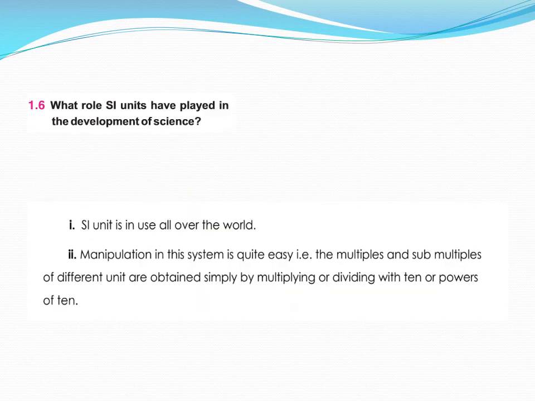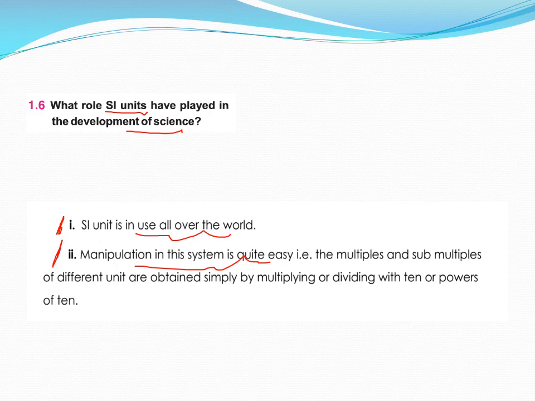Question 1.6. What role have SI units played in the development of science? It can be justified by a number of arguments. For example, number one, the SI units are used all over the world. SI units are standards, and these can be understood throughout the globe by all communities of science. Number two, manipulation in this system is quite easy.